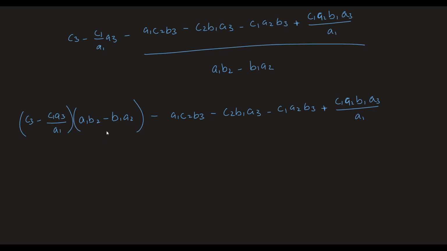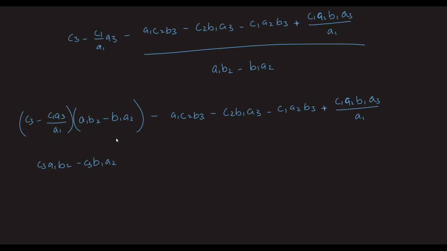So we've got C3 A1 B2, and then we've got minus C3 B1 A2. Then we've got C1 A3 A1 B2.